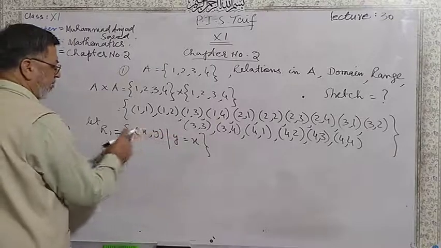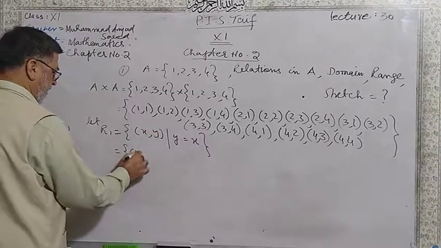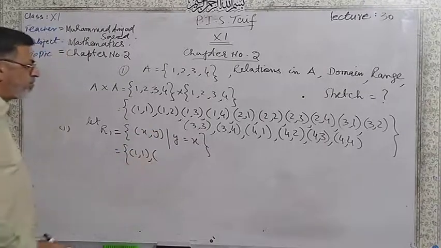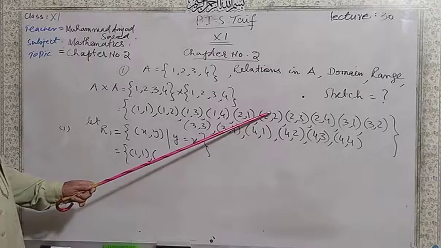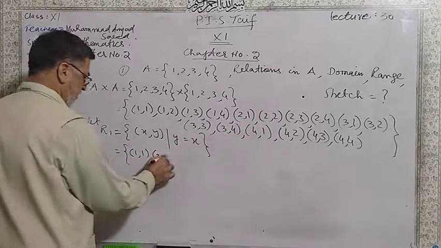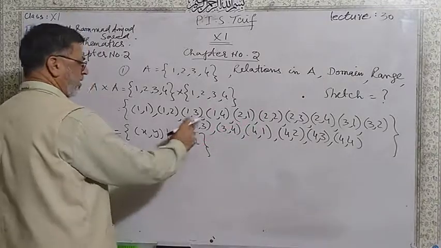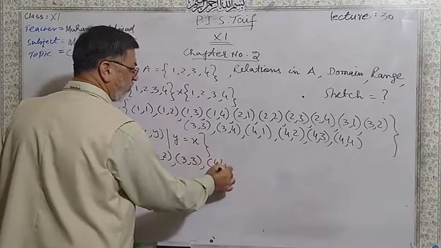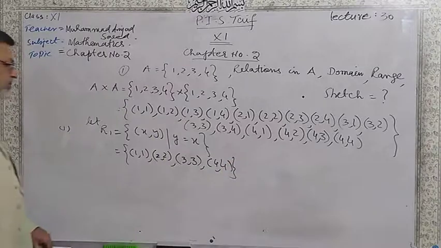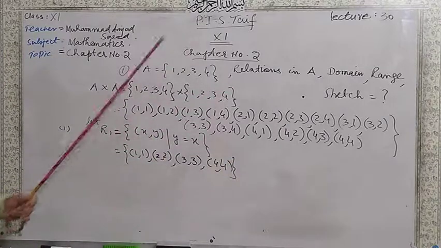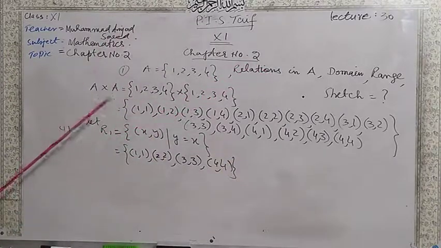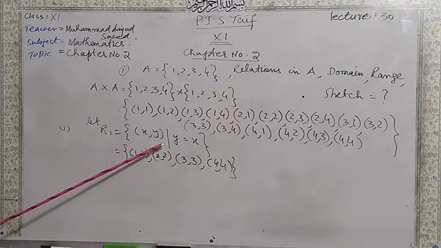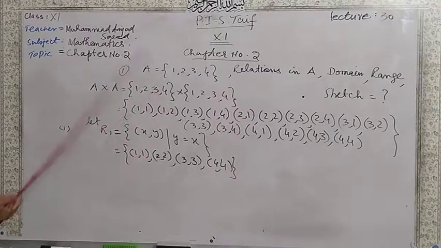X equal to y means both are same. Here is 1, 1, then 2, 2, then 3, 3, and 4, 4. Dear students, this is the relation in A, R1, and it is tabulated from A cross A.